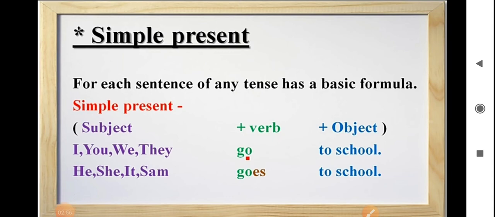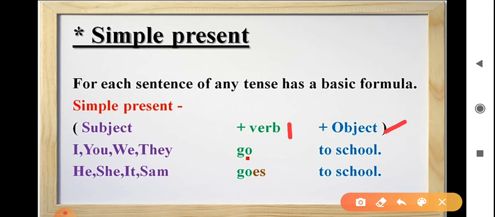Every sentence of any tense has a basic formula, that is subject plus verb plus object. As we are learning simple present tense, its format is subject plus first form of the verb plus object. Let's understand with examples. See these two sentences.